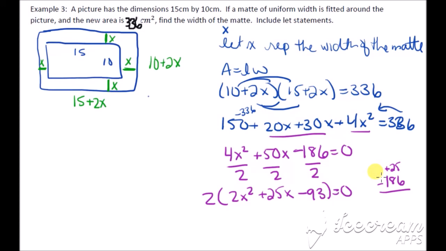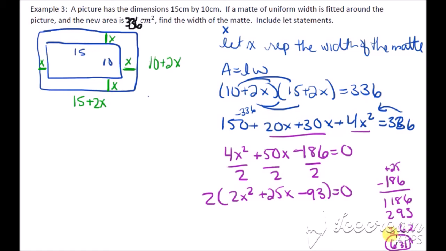It divides by 2, so we get the factors of 1 and 186, 2 and 93, 3 and 62, 4, 5, we get 6 and 31. Yeah, 6 and 31. That looks good.